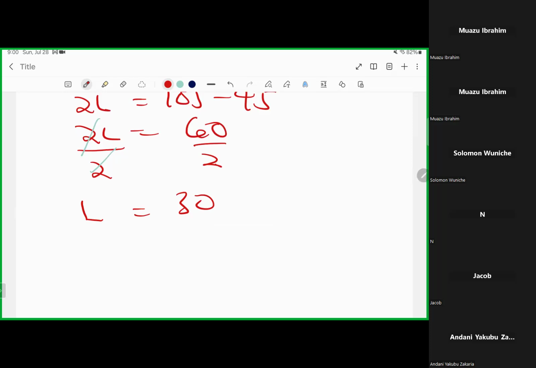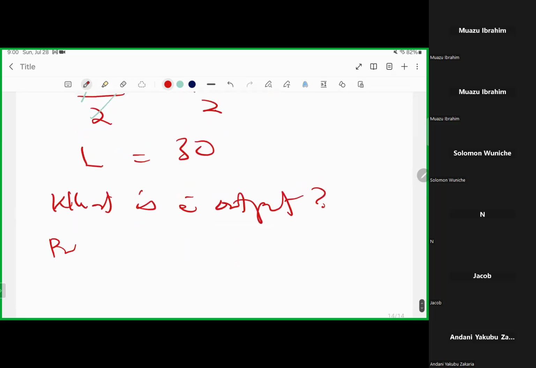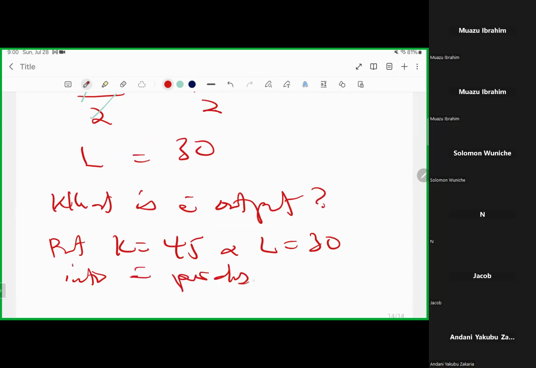So what is the output that the firm can maximize with this? We now have to put K as 45 and L as 30. Remember, we are putting it into the production function, or the objective function.